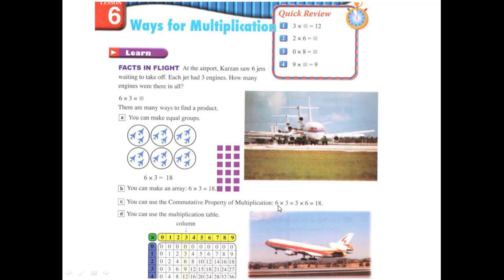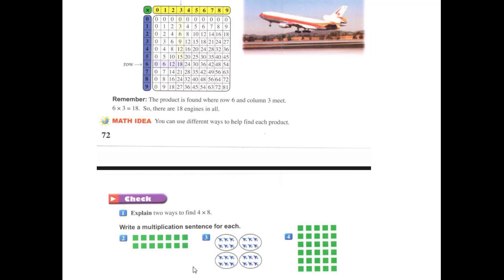For example, 6 times 3 is equals to 3 times 6, because it is the same, is equals to 18. And you can use multiplication table like this. Okay, that means you have 4 ways. You can make an equal group, you can use arrays, you can use commutative property, and you can use multiplication table.